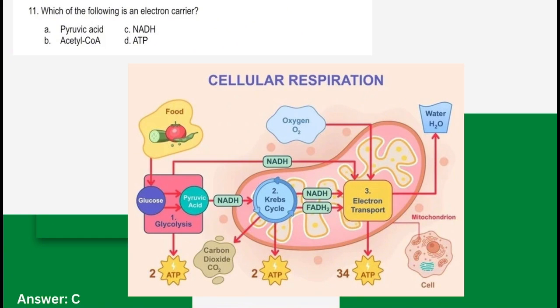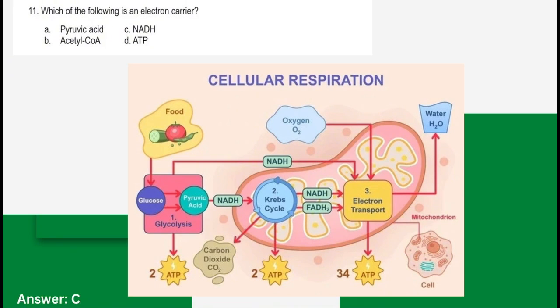That's the one that delivers the acetyl groups going inside the mitochondria for it to undergo the Krebs cycle. They are not electrons. Next one, why not letter D, ATP? ATP stores energy but it does not carry electrons. It stores the energy.